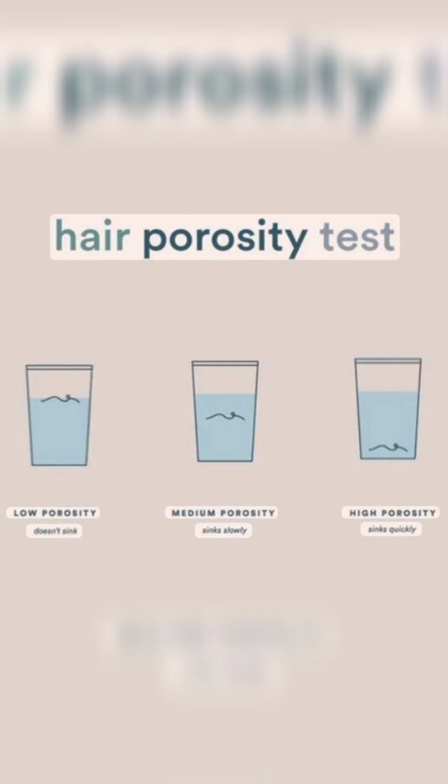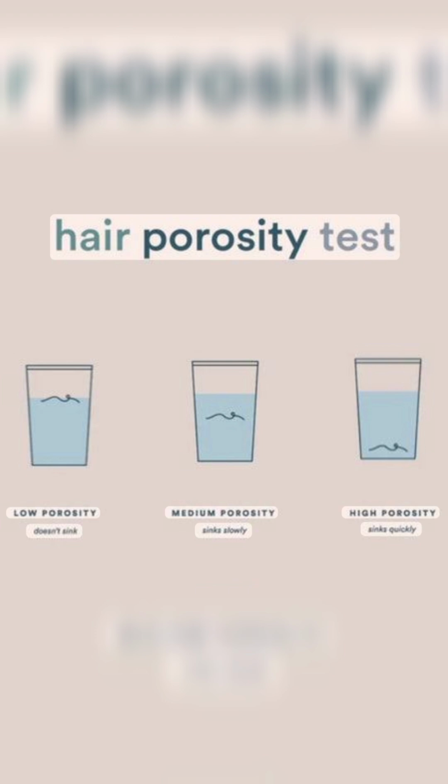Now you need a glass of water, fill it up. Take a strand or a few strands of your hair and put it in the glass for 2 to 4 minutes.